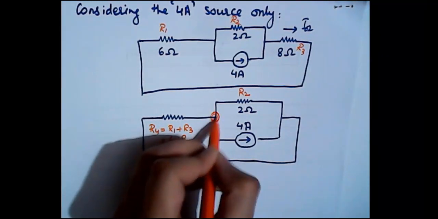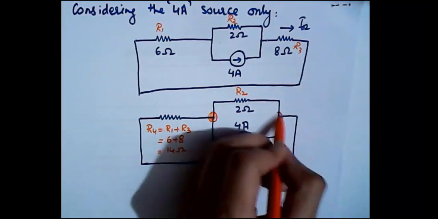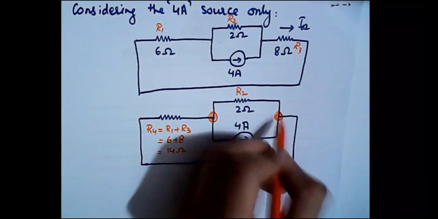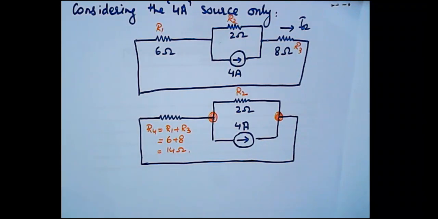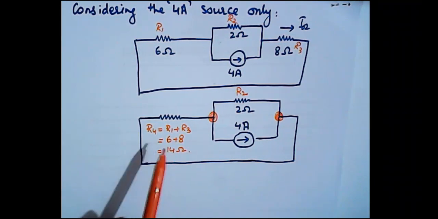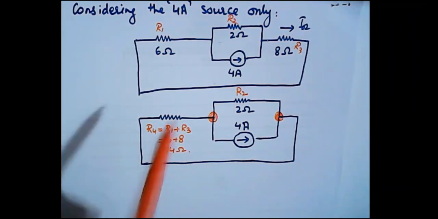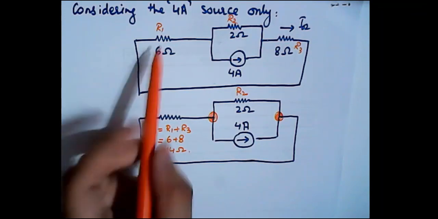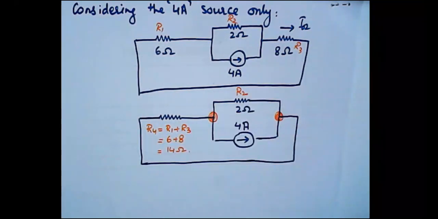Because this is the first common node and this is the second common node. They are connected between two common nodes, so they are in parallel. And once we find the value of the current in R4, then the current will be the same in R1 and R3. Why? Because they are the series combinations.